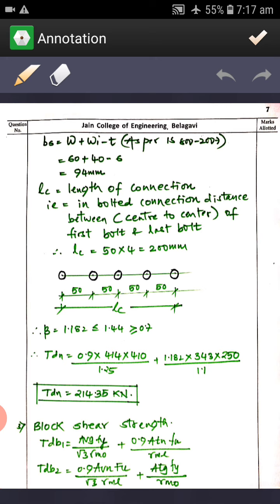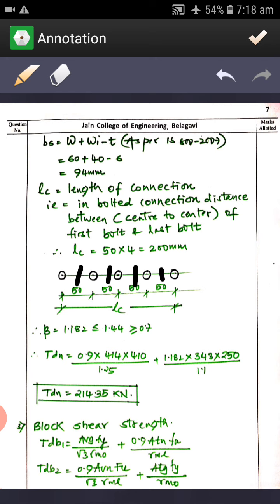So we have to take the center to center between the starting bolt, or the first bolt, and the last bolt, or the outermost bolt. So you have to take LC like this. So we have the 5 bolts. 5 bolts mean 4 pitch: 1, 2, 3, 4. So 5 bolts means we have to take 4 pitch.